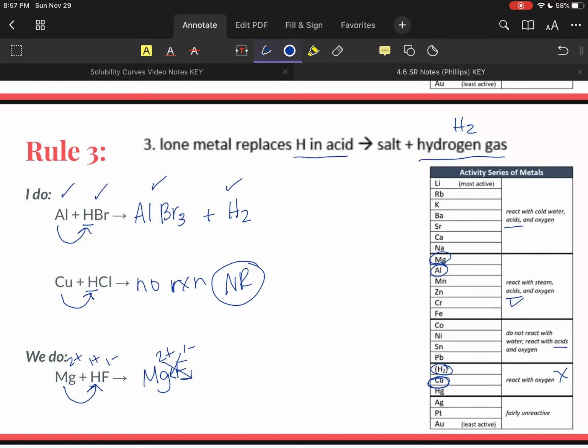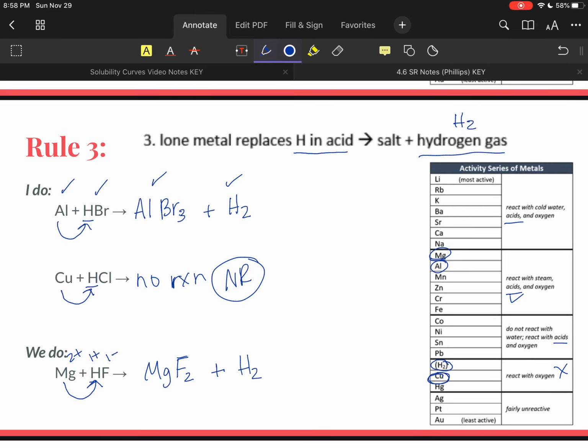And then the 2 is going to drop down by fluorine. So if I rewrite that correctly, remember the 1 drops down and then the 2 drops down. Plus, hydrogen was kicked out. It's diatomic. I write it H2, hydrogen gas.